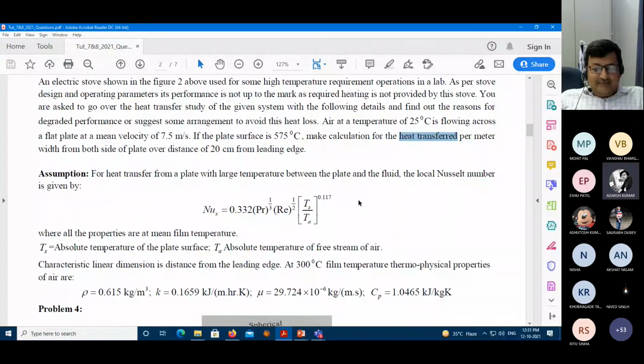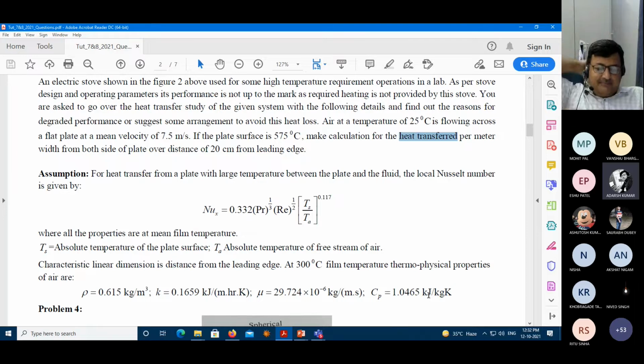What is the Prandtl number? Mu Cp by K. Mu is already given. Cp, how much? It's given here, right? 1.0465 kilojoule per kg. Be very careful, that is equivalent to joule per gram. We have to use joule per kg. And then K is also given. Thermal conductivity is in the denominator.